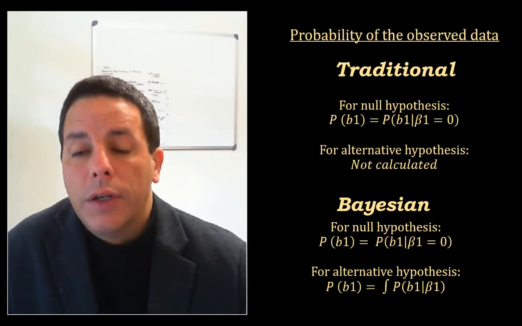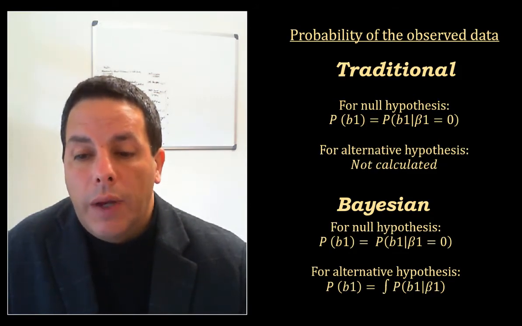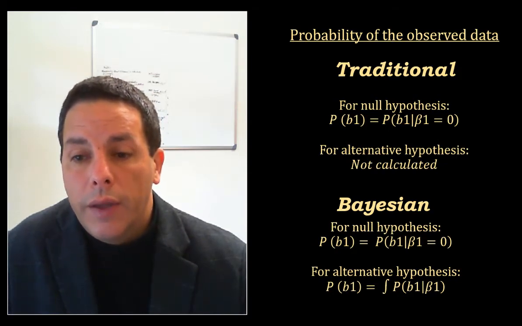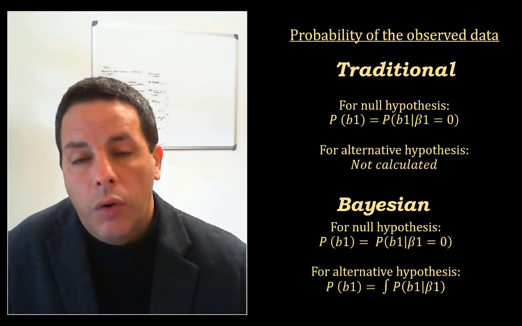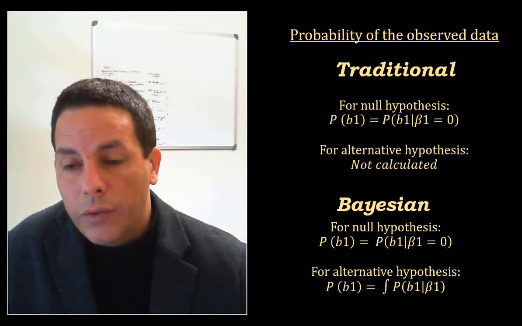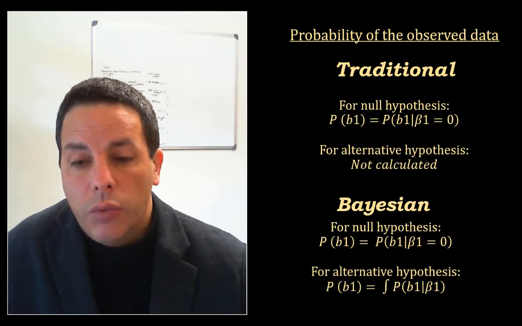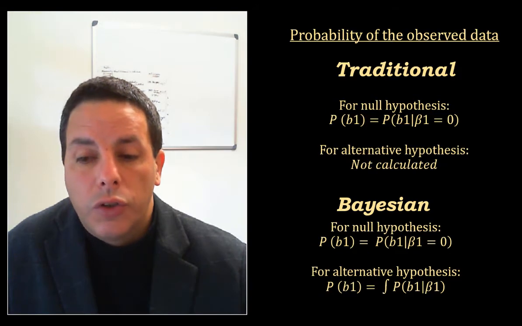I didn't put that because I'm assuming here we use a default prior that gives equal probability to all the values. So when you have a prior that gives equal probability to all the values, in relative terms, it will not change.